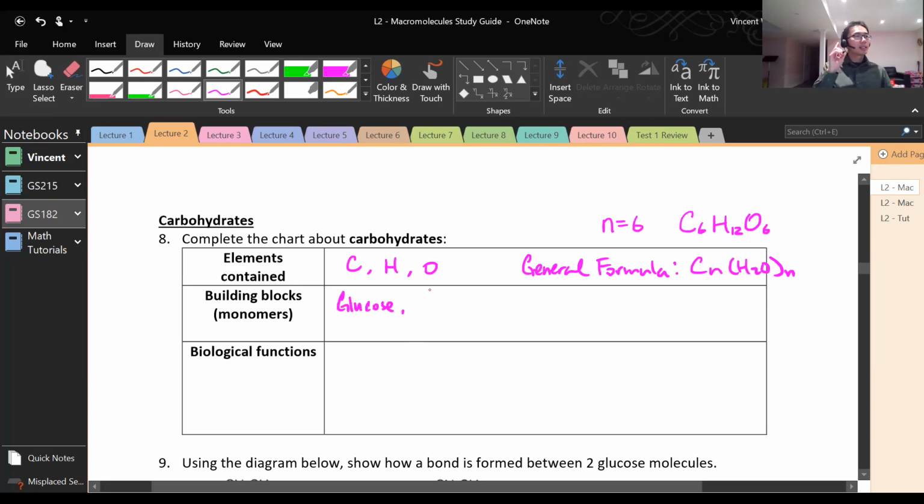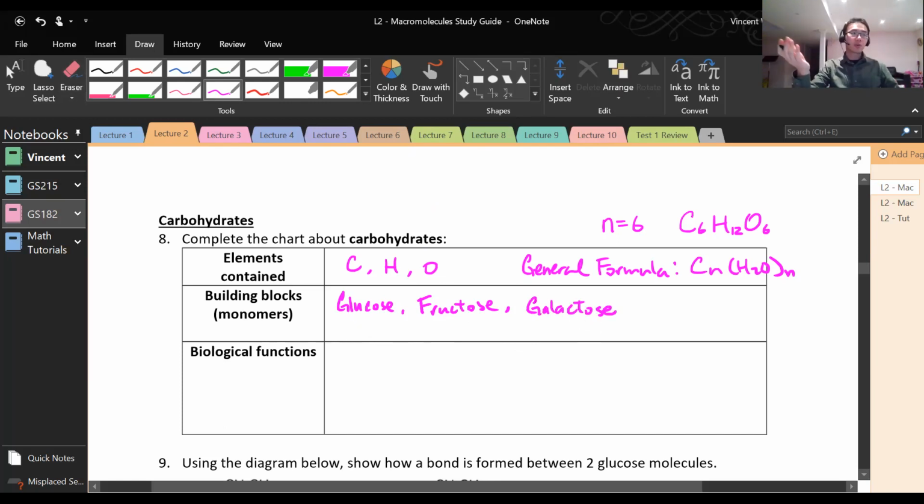And then what's the other? Fructose, yes. And then one more. Maybe sucrose. Sucrose is something that you get when you put two monomers together, but good try. One more. Christina said galactose in the chat. That is correct.